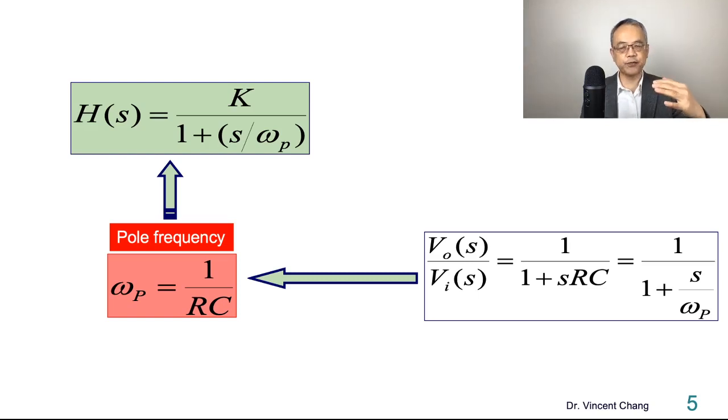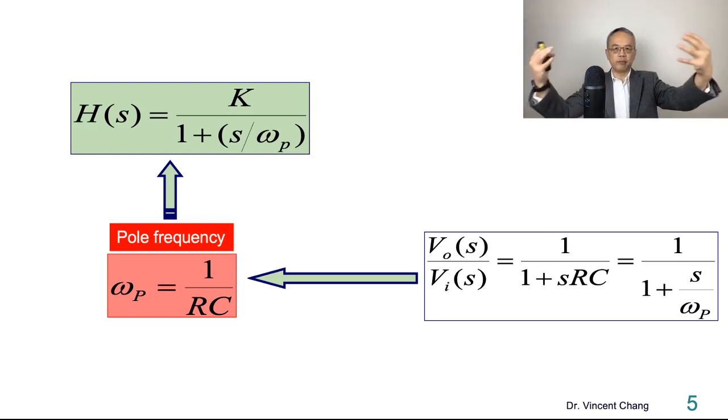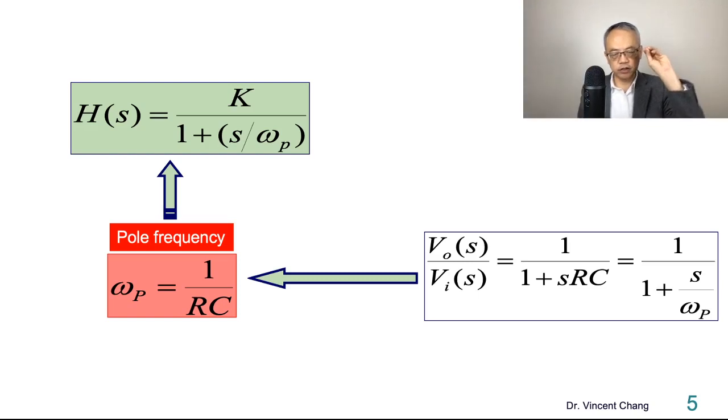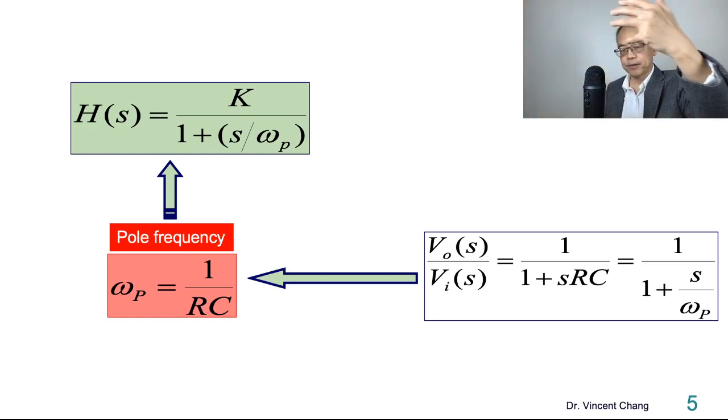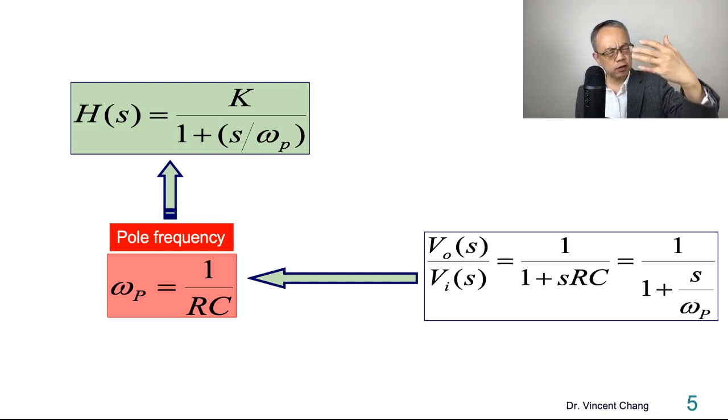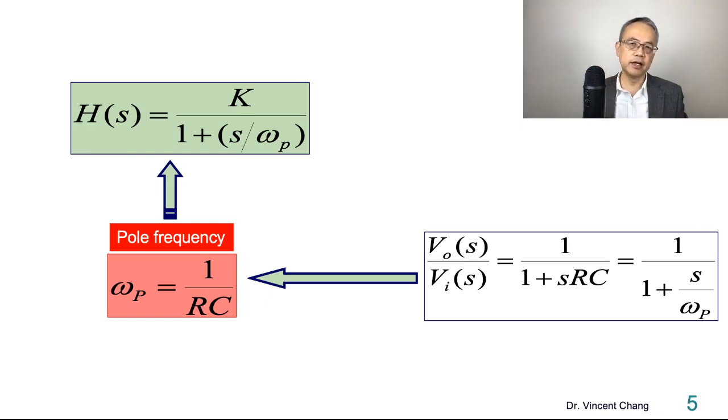All right? So this is the passive RC, no gain. But in order to give you a general form of the single time constant RC, we change the numerator coefficient to a K. K could be 10, 100, and if it's an operational amplifier, it could be 100,000. It could be very big.